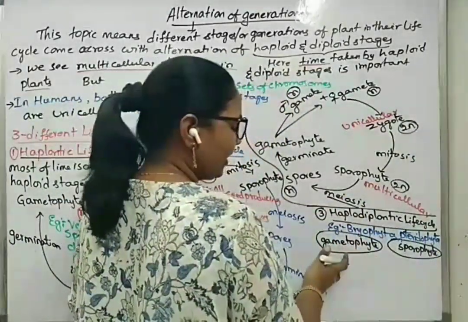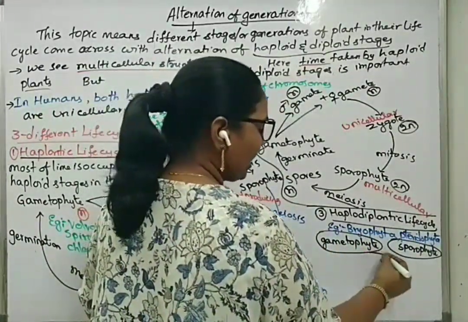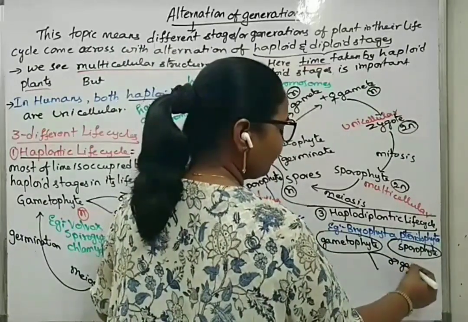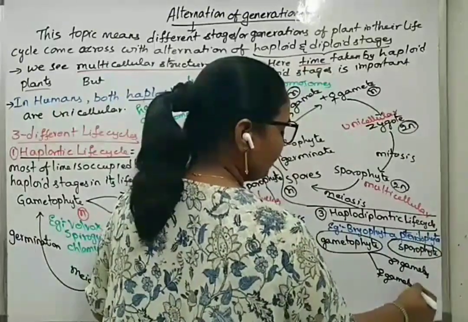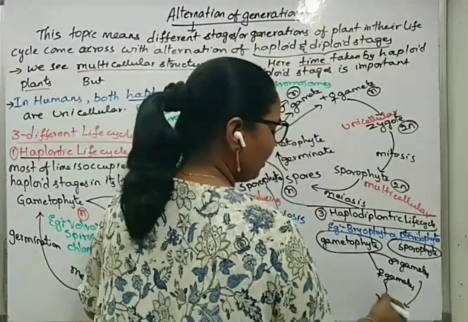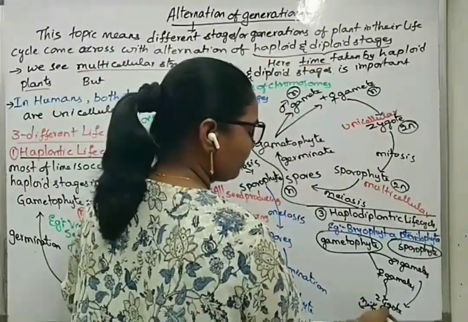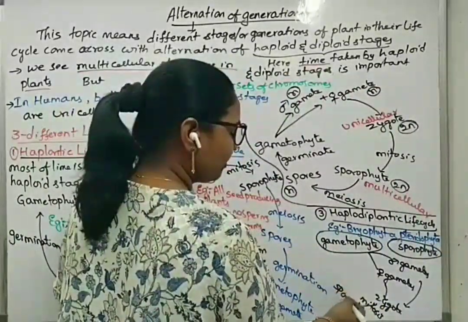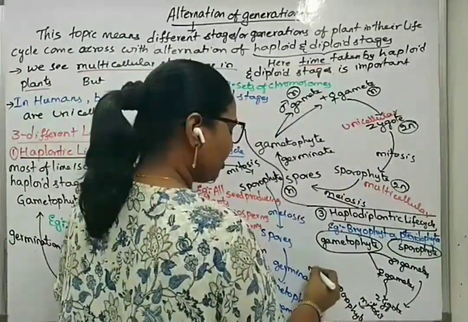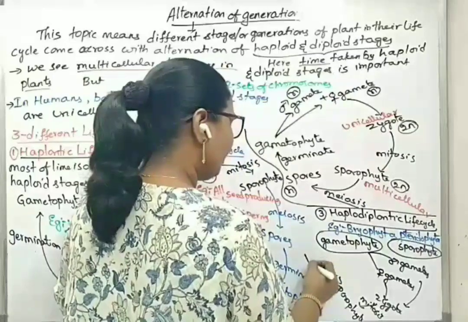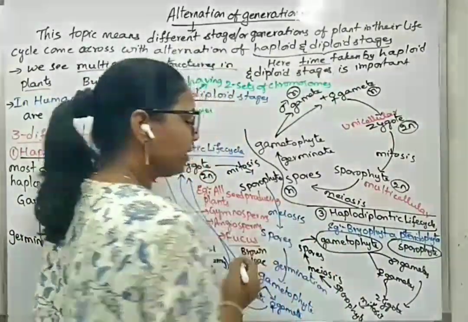We can start with either. We'll start with the gametophyte stage. Gametophytes produce male gametes and female gametes. These fuse to give out a zygote. The zygote undergoes mitosis to give out the sporophyte. The sporophyte undergoes meiosis to give out spores. Spores germinate to give out the gametophyte.